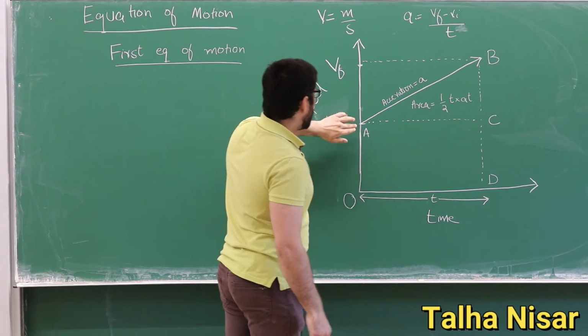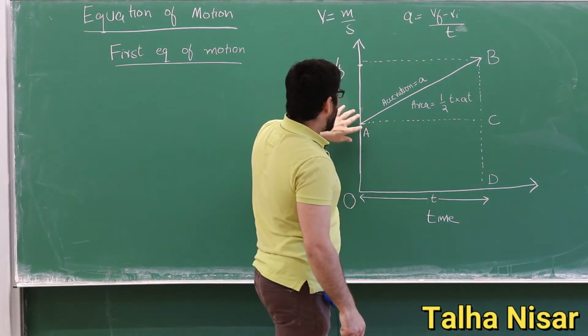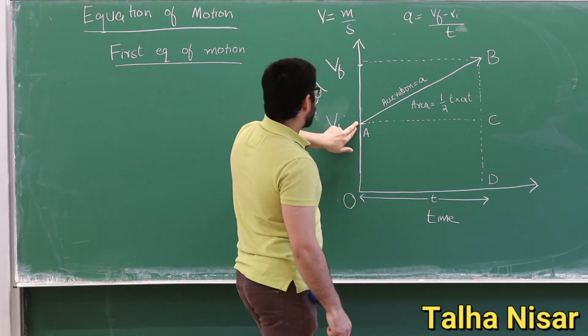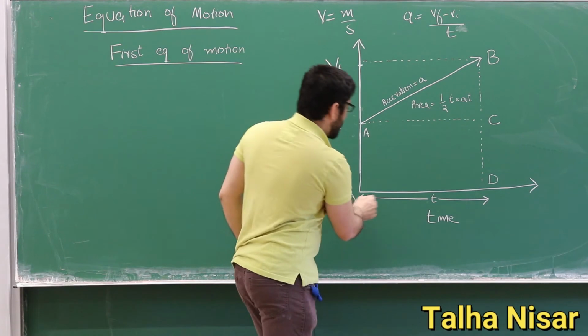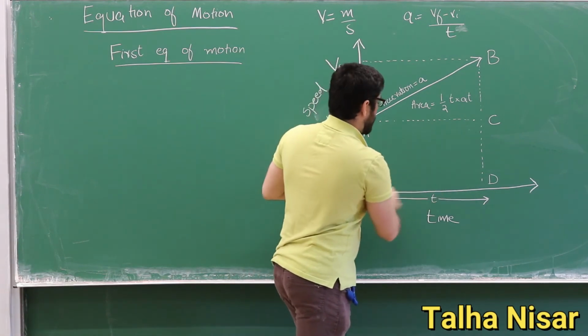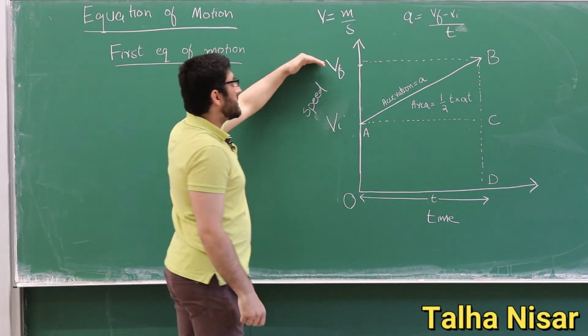Let me just explain it again. We have a body here, its velocity is the initial velocity, and after some time, this is the time axis, its velocity is the final velocity, which is vf.